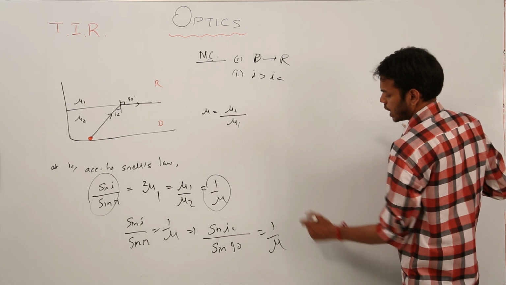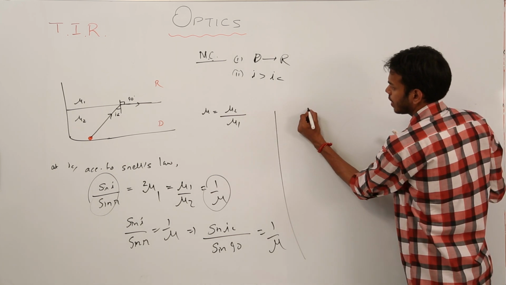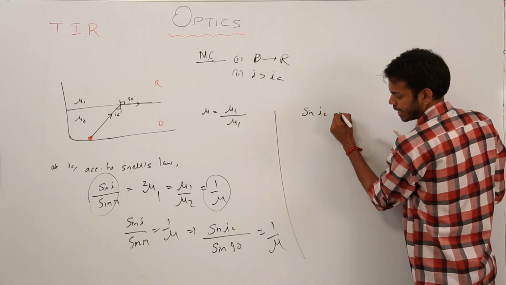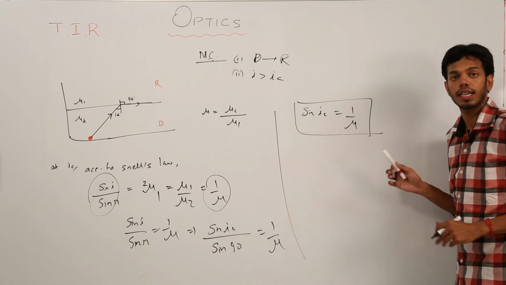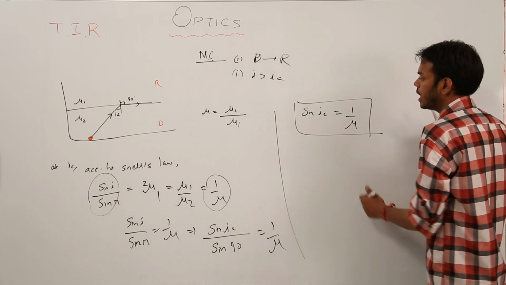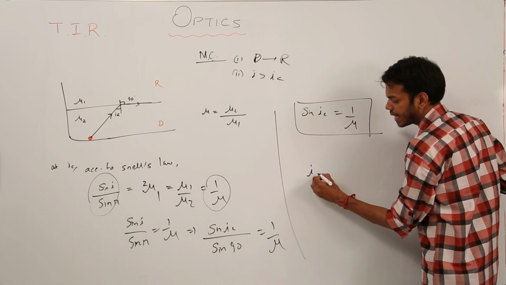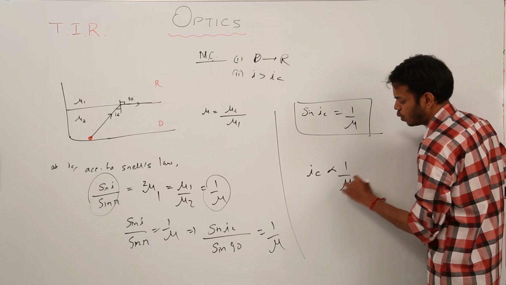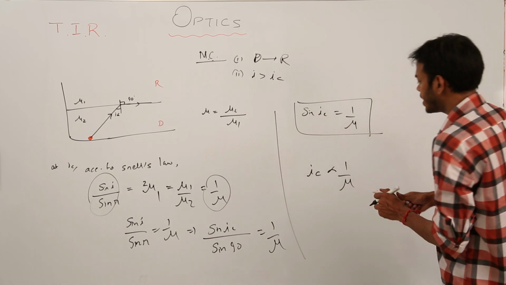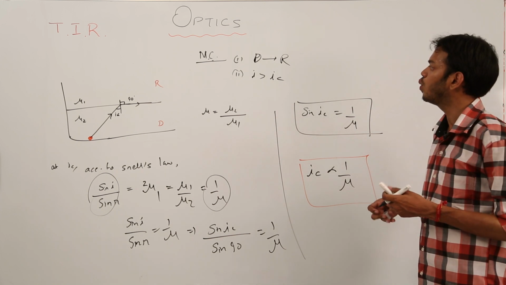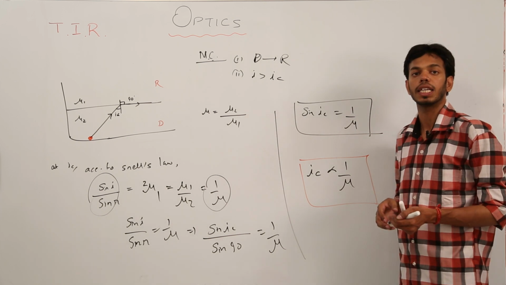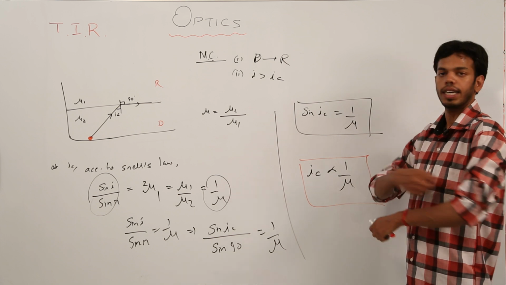That means sin iC is equal to 1 upon mu. This is a relation which explains the fact that the critical angle is inversely proportional to the refractive index. And this is that important property on which we are going to study a lot of practical applications which are used in total internal reflection.